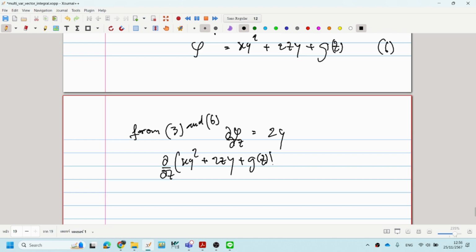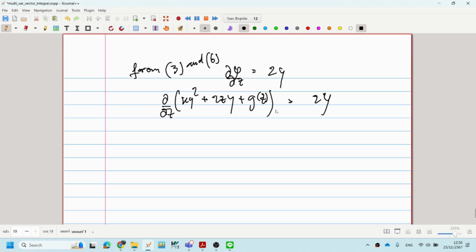Oh, c and 2y, so 0 plus 2y, right? Plus d g, because it's one variable, it's not multiple variables, right?